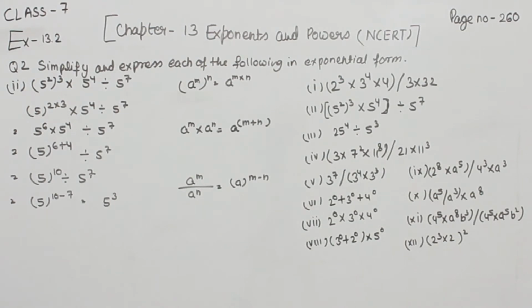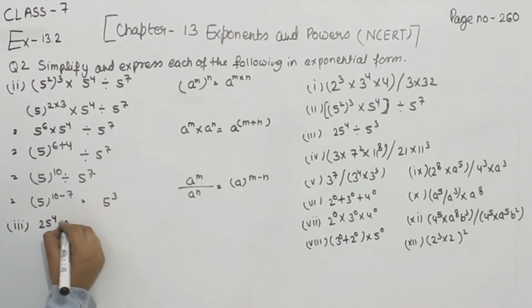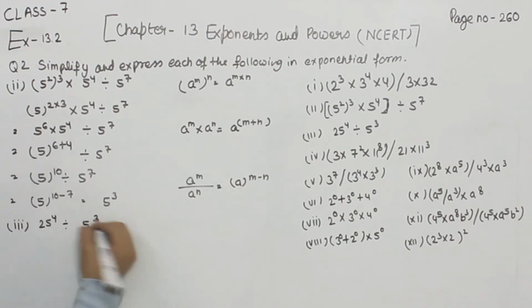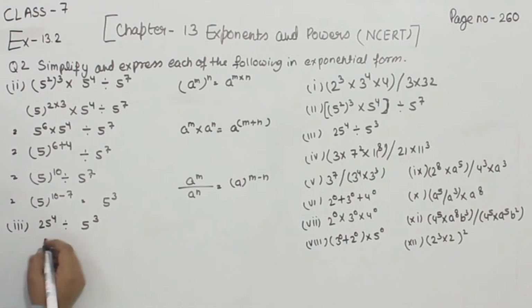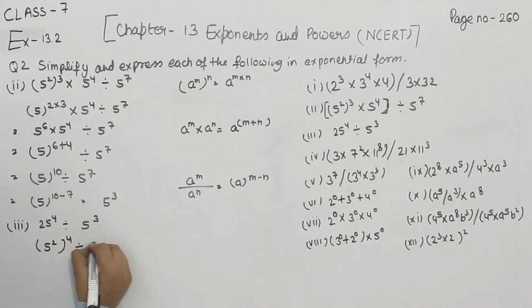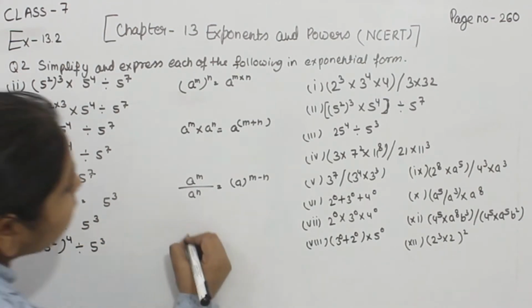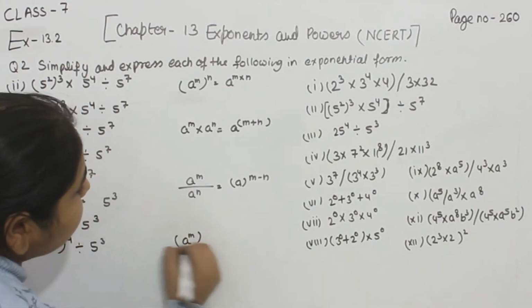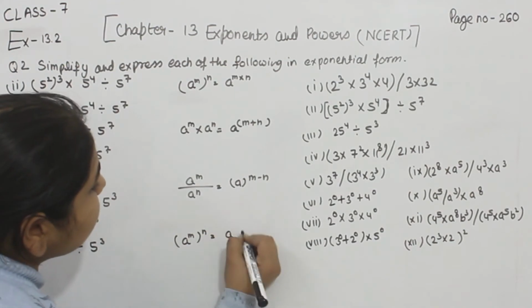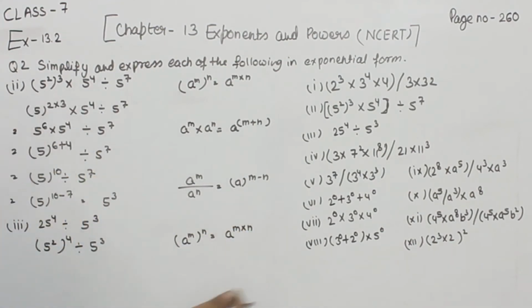Now comes part 3. In part 3, we have 25 to the power 4 divided by 5 to the power 3. So, first of all, I am going to write 25 as 5 to the power 2, and the whole power 4, divided by 5 to the power 3. Now, I am going to apply (a to the power m) to the power n, which is a to the power m multiplied by n.